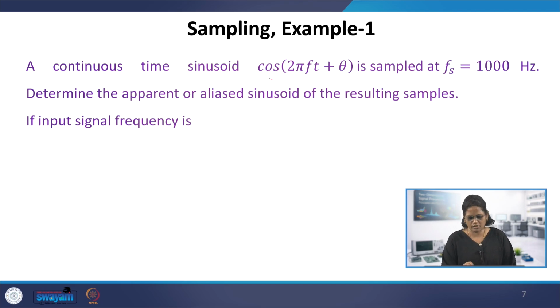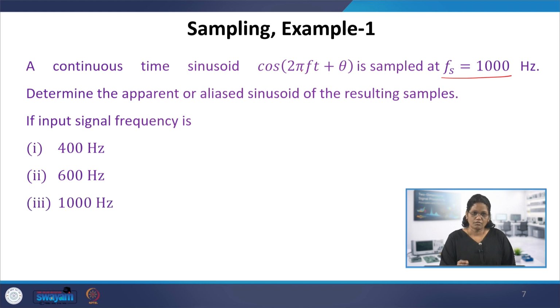Take a continuous time signal cos(2 pi F t plus theta), sampled at a rate of 1000 hertz. What is the earliest sinusoidal frequency, or the apparent frequency? If the signal frequencies F are 400, 600, 1000, 2400 and so on, we would compute Fa for each case.